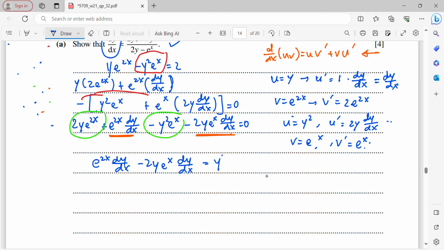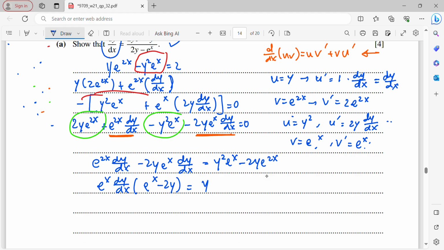Then I will get y squared e^x minus 2y e^2x. Okay. Then now here, for the left hand side, the common is e^x dy/dx. Then I will get another e^x for the first term, and for the second term I'll get negative 2y.